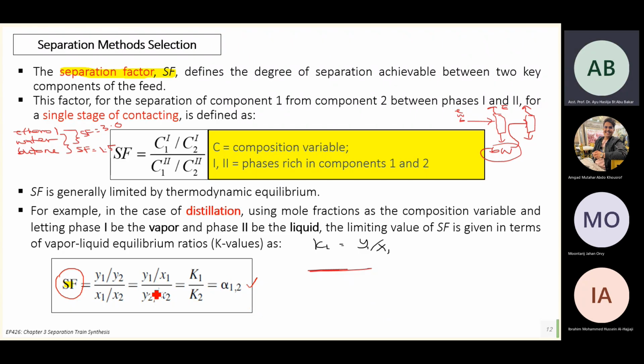There are a few terms that you will come across: the SF, the K, and the relative volatility. K over here is reflecting each component.